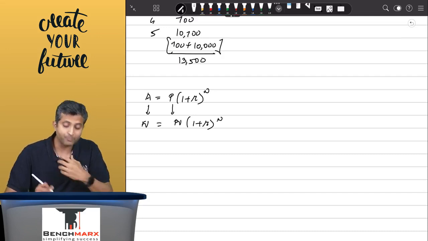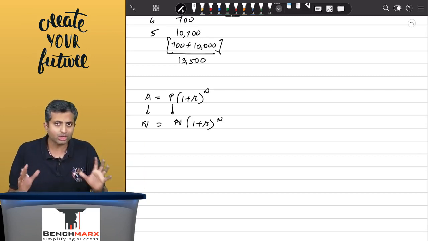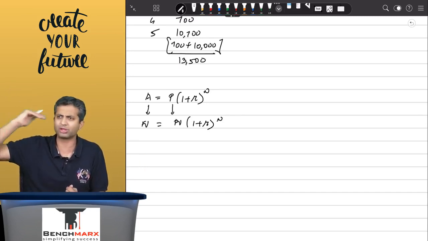So we are trying to say that 100 rupees today is going to become how much after 4 years? But we don't want to find that. We know that after 4 years the value is 700, we know after 5 years the value is 10,700, we know after 3 years the value is 700.